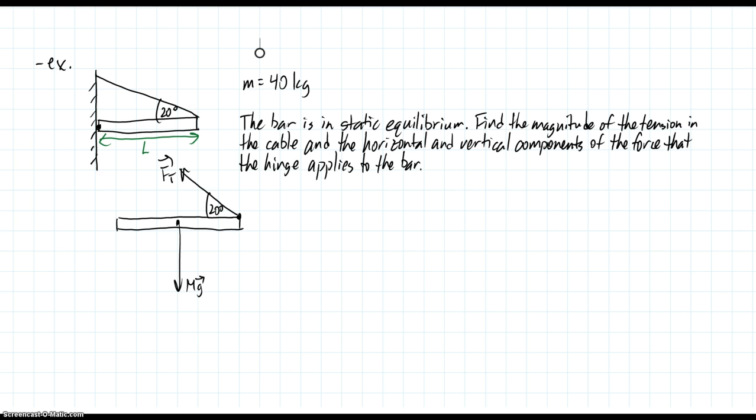We can also think in terms of torque. If we imagine the center of the bar as the pivot point, then the gravitational force acting on the bar exerts no torque. The tension would exert a counterclockwise torque. Therefore, the force from the hinge would have to provide a clockwise torque.